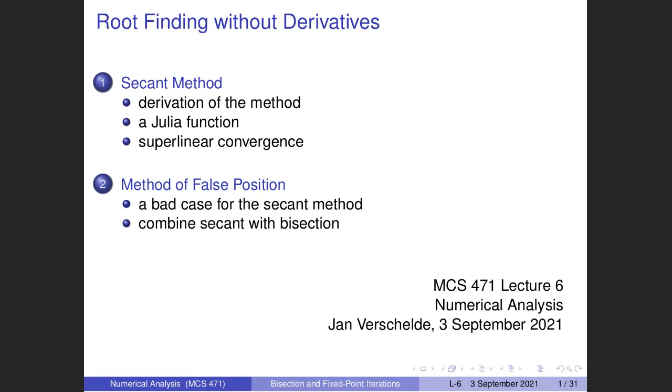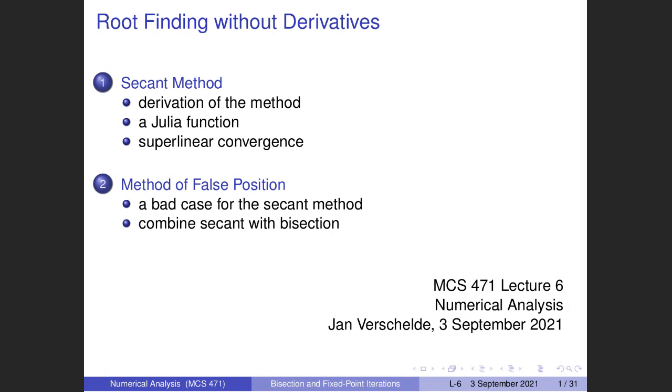Newton's method is in many cases actually the gold standard for root finding because of its quadratic convergence, which is really fast. But one troubling issue is that it requires the computation of derivatives.